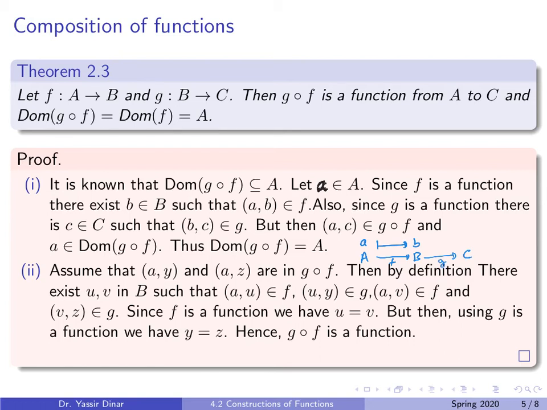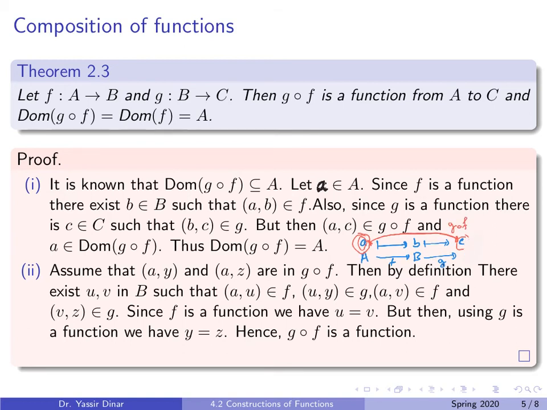That means b will be sent to some element c in the set C. And so my map g circle f will map this a to the element c. And this shows that this a is in the domain of g circle f.